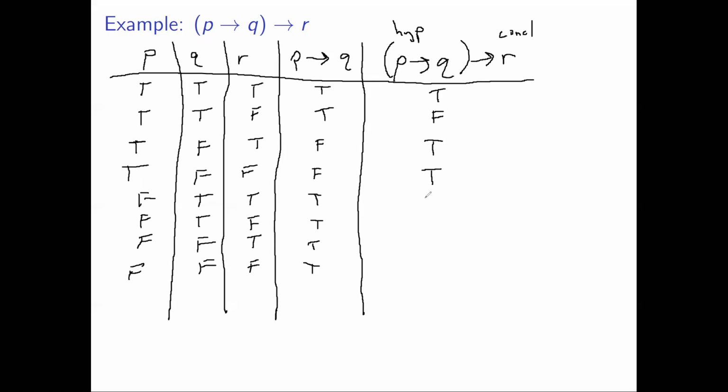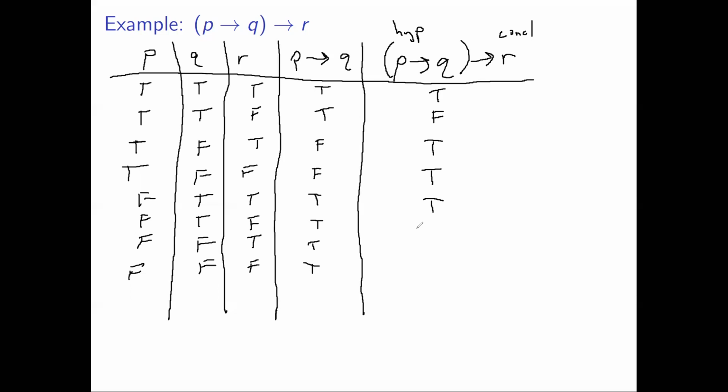Okay, now we're on to the fifth row. So in the fifth row, we have the hypothesis P implies Q is true, and the conclusion R is true. They're both true, so the implication is true. Now we're on to the sixth row. Sixth row, the hypothesis P implies Q is true, but R is false.